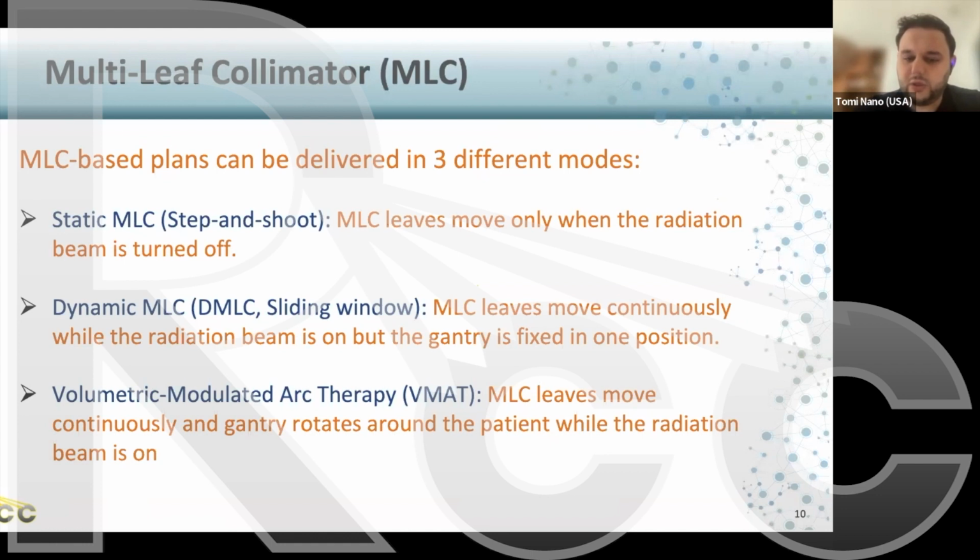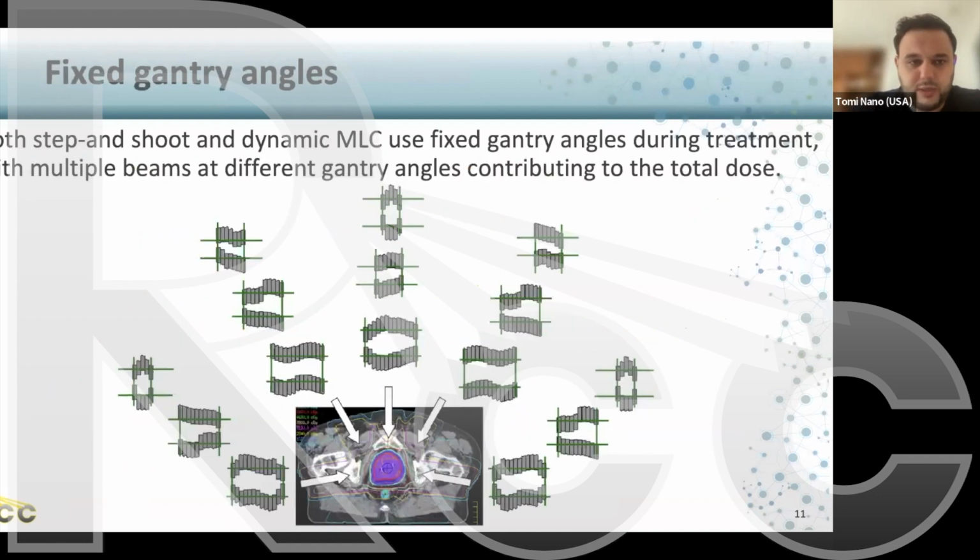And if we include gantry rotation into dynamic MLC, then we have something that's called VMAT, or volumetric modulated arc therapy. So that includes MLCs moving and gantry moving. So for fixed gantry angles and static MLC control points, this allows us to deliver radiation from multiple beam angles, and we can sculpt it around the target as seen here, and we can avoid the rectum as seen here.